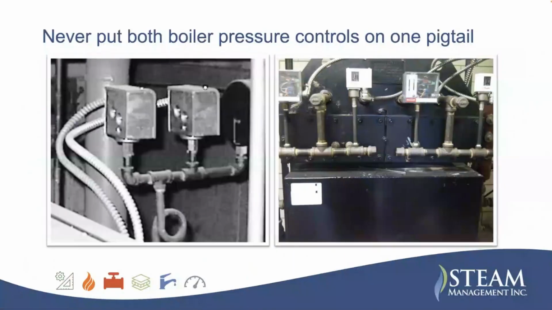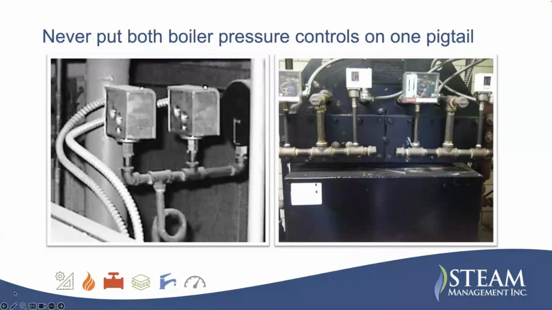One of the things that I see is you never want to have both of your pressure controls on one pigtail. This is the pigtail here. Its whole goal in life is to plug, and it does it very, very well. Once this thing plugs, you've lost control of your boiler. So what I recommend is I like to see the steam boiler controls on two different tappings.